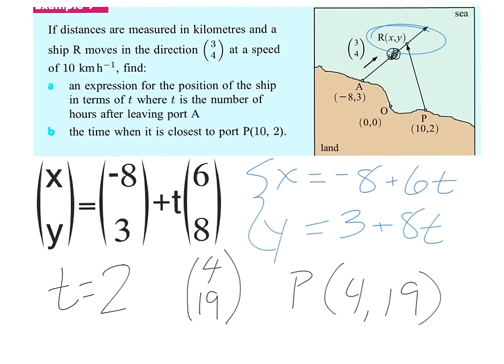So we can rewrite this up here, this point R is in fact the point negative 8 plus 6t, comma, I'm sorry, I didn't save myself enough room, 3 plus 8t. Okay, so we're going to use that to start to look at answering part B.